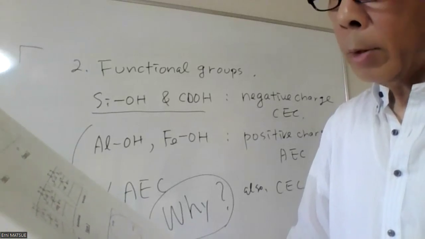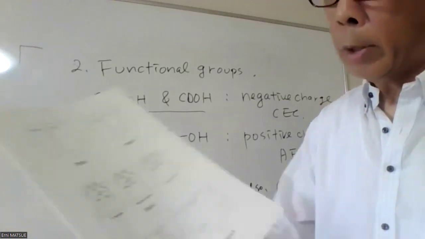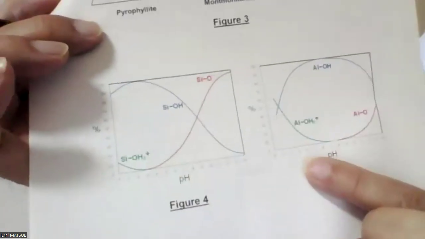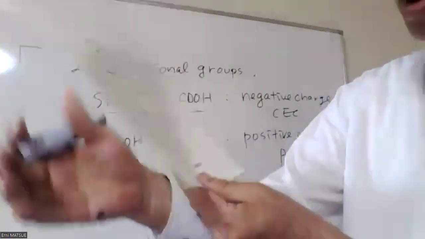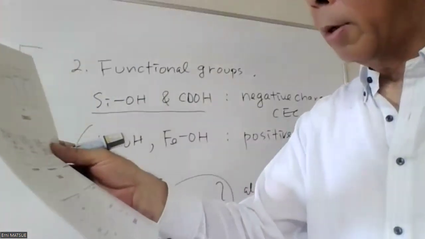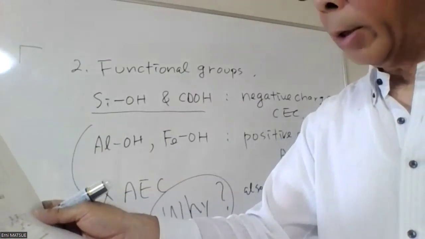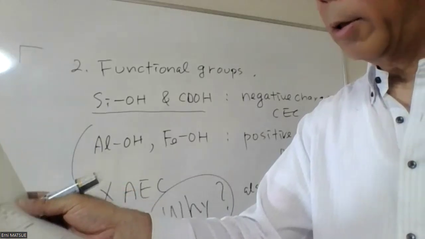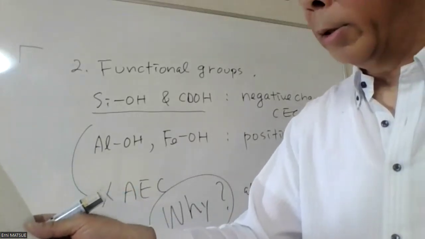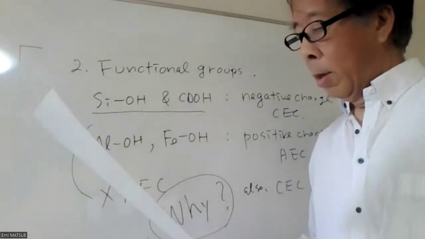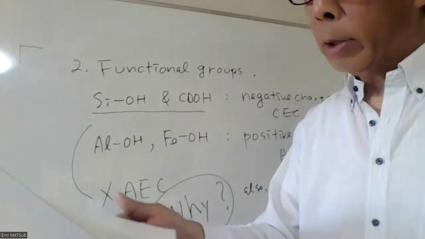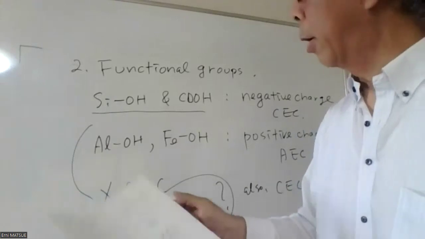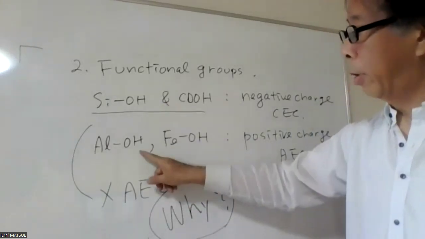In contrast, AlOH2 plus, the green line, at pH about 6 or 7, positive charge can be generated and act as an AEC site. FeOH is similar to AlOH. So this is the difference between SiOH and AlOH.